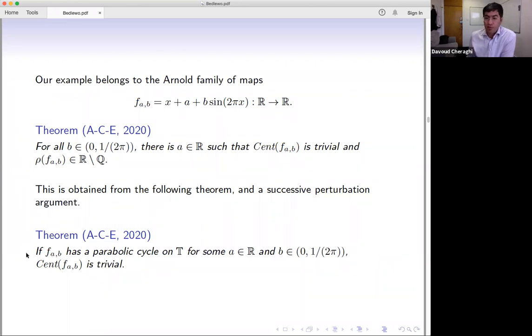I guess most of you, including myself, are more familiar with holomorphic maps in the plane, and there's an analog of this statement for complex rotations, so instead I work with those maps.